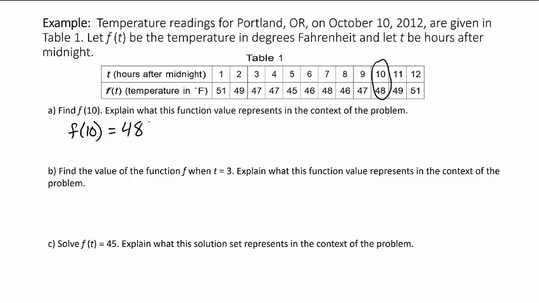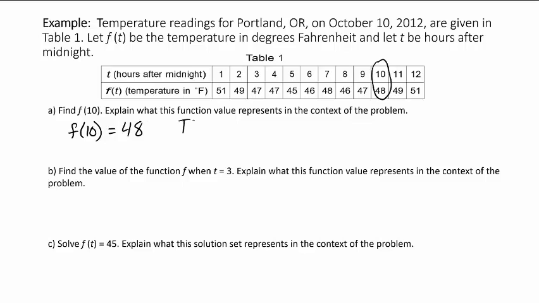Okay, and when it says explain what this function value represents in the context of the problem, I sort of just did it, right? When I was talking about what the units on the input and the output happen to be. If the input represents the number of hours after midnight, then f of 10 would represent the temperature at 10 a.m., right?